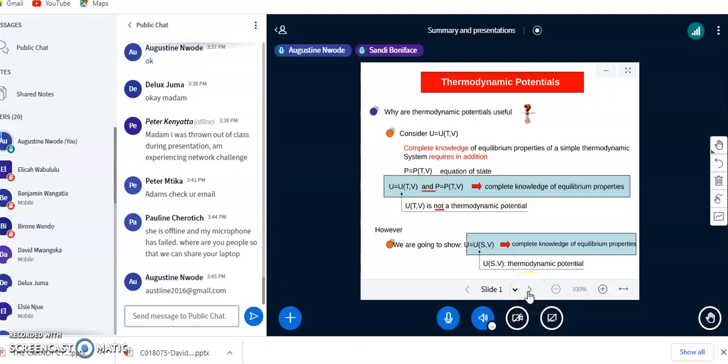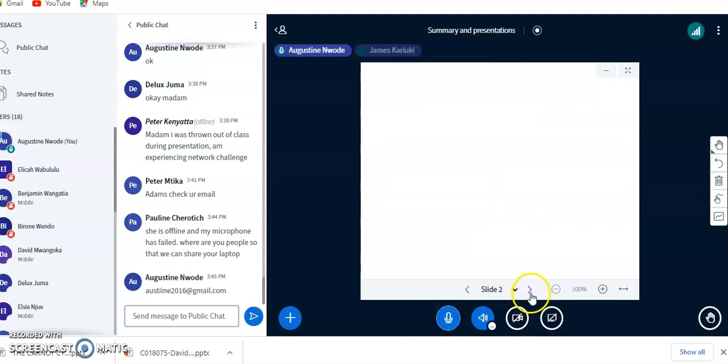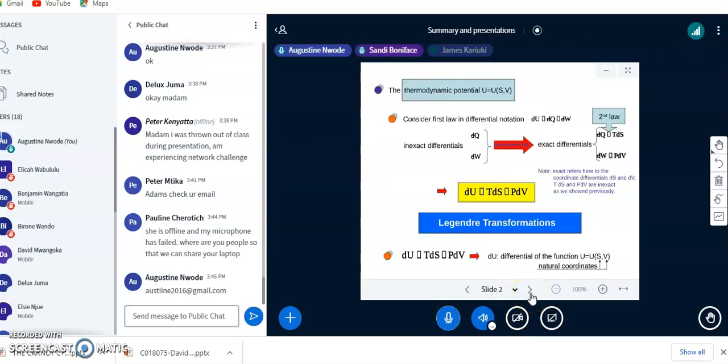Okay, so I think so far David was trying to give us these relations in thermodynamic potentials. There are many of them. All these relations that we have here are in exact differentials. So writing all these things in differential form is what David was trying to explain.